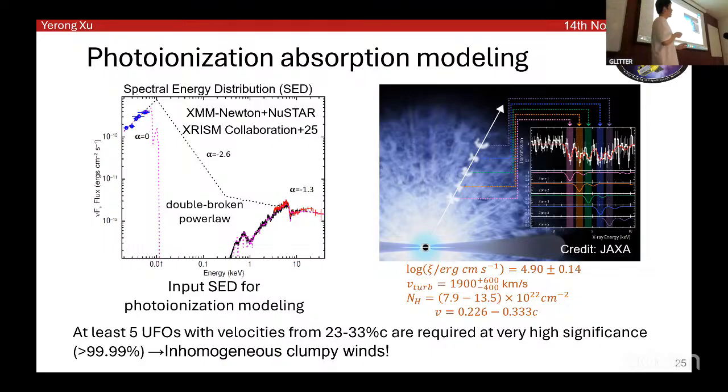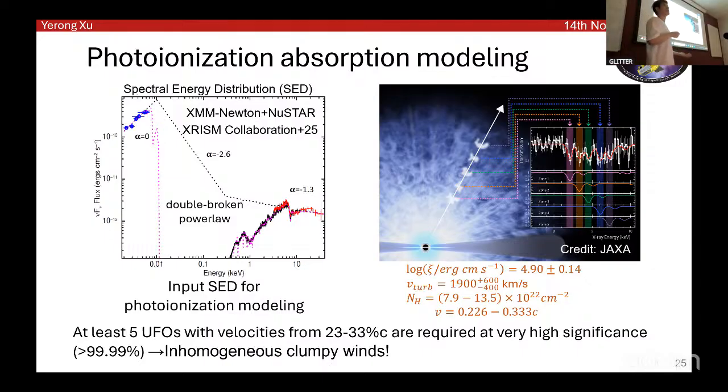And we find at least 5 absorption UFO components are statistically required by the data. And the lower 5 panels show you the transmission spectrum of each component. During the spectral fitting, we link parameters to avoid degeneracies. We link the ionization parameter and the turbulence velocity of each component together to leave the column density and the velocity free.